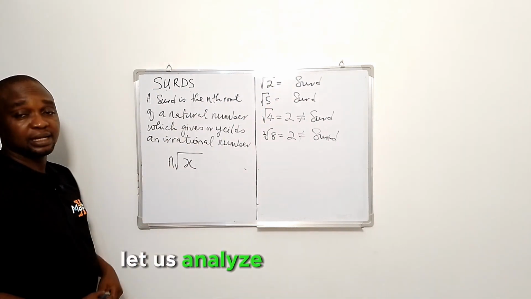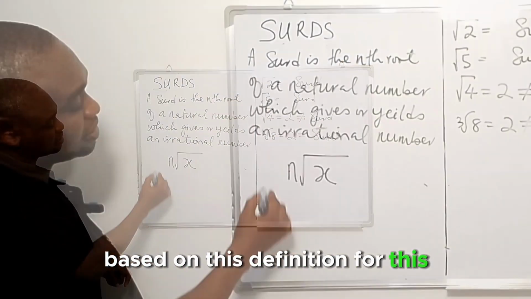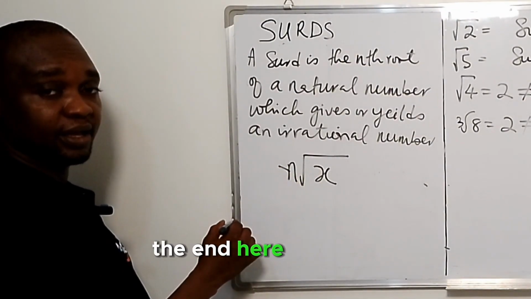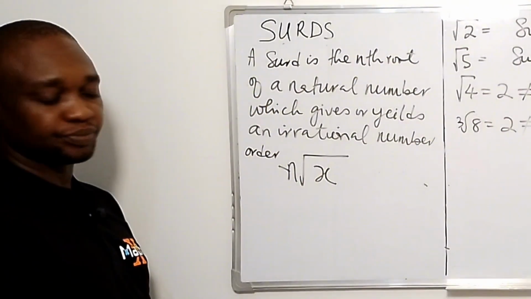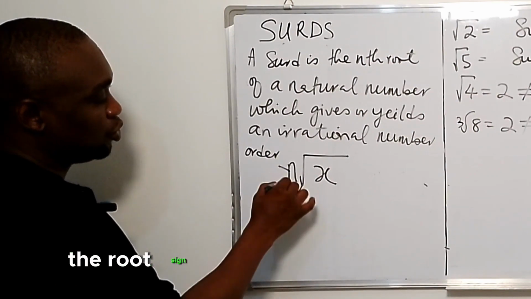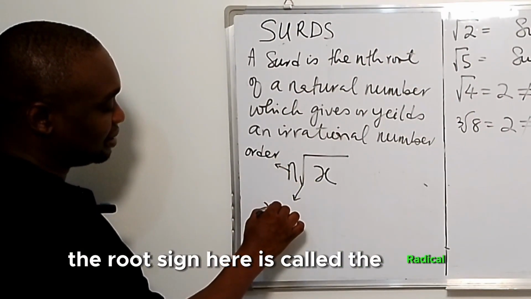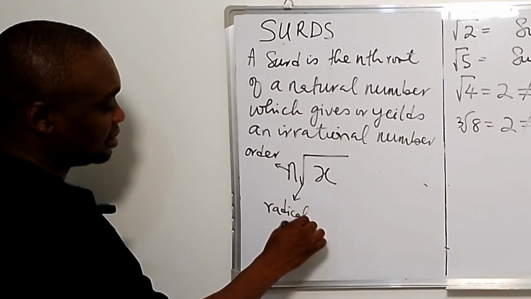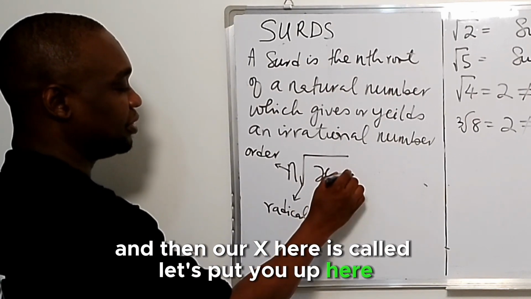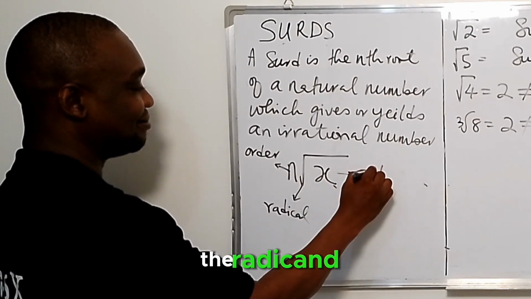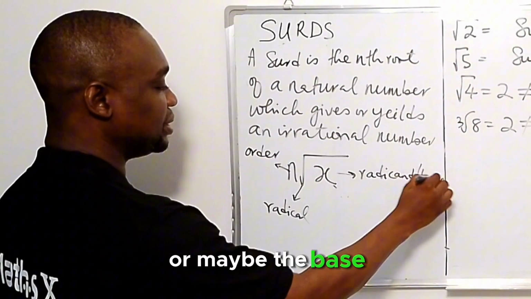So let us analyze what a surd is based on this definition. The n here is called the order of the surd. The root sign here is called the radical. And our x here is called the radicand, or maybe the base.